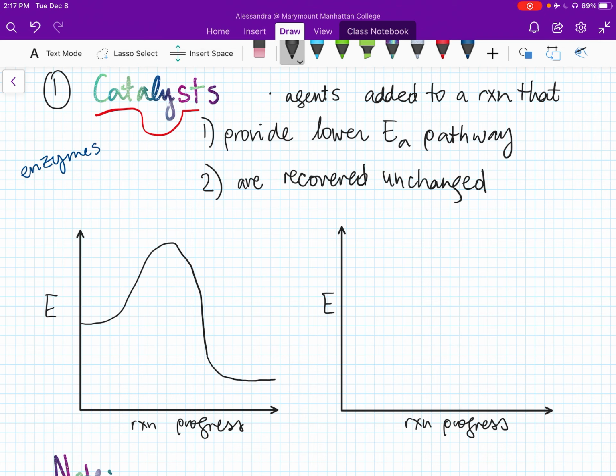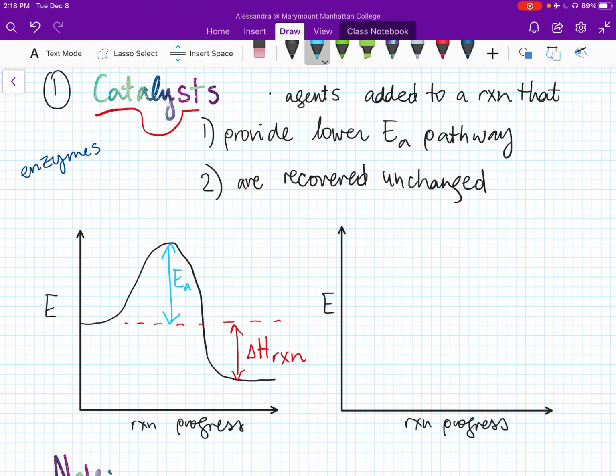So as you recall from the previous lecture, the difference in energy between the energy of the reactants and the energy of the products gives me the delta H of the reaction. Now, the difference in energy between the energy of the reactants and this peak here, this maximum here, gives me the activation energy.